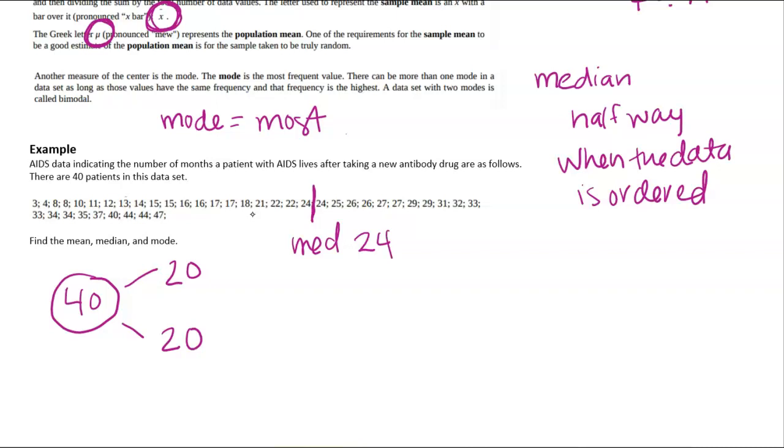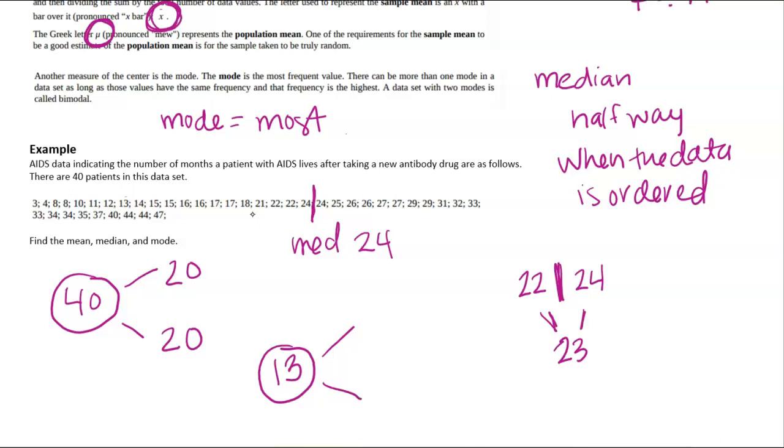If it was between two numbers, like 22 and 24, then I would say 23 is the median. If you have an odd number of data points, let's say 13, it still needs to split the data in half.